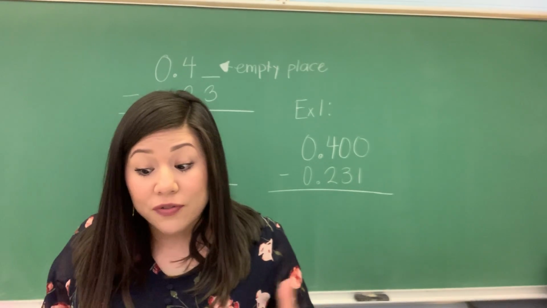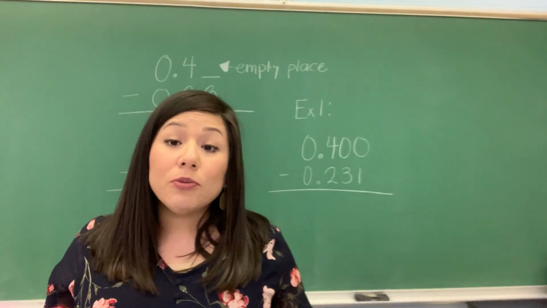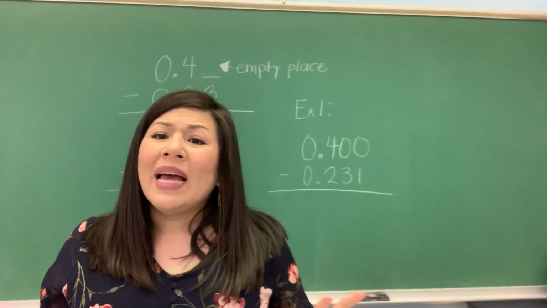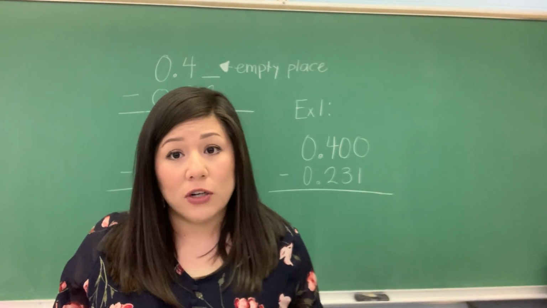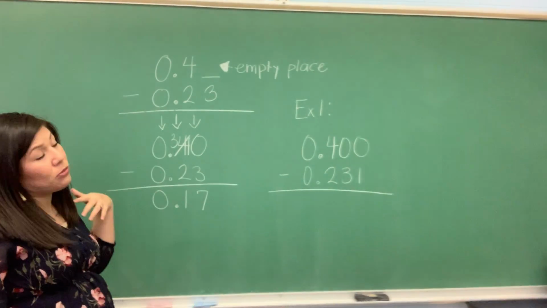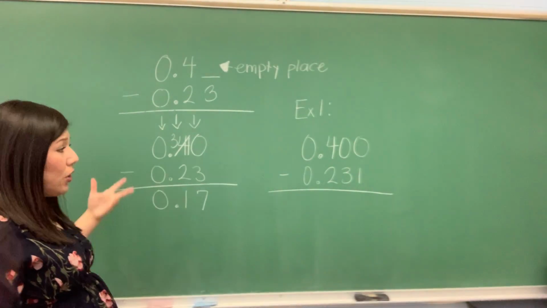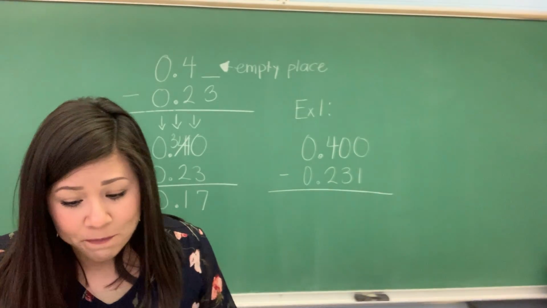So adding zeros to fill empty places in numbers does not change the values of the numbers. It helps you when subtracting or adding. If you can look at a problem like this and simply subtract without that 0, then that's fine, as long as you're getting the right answer.